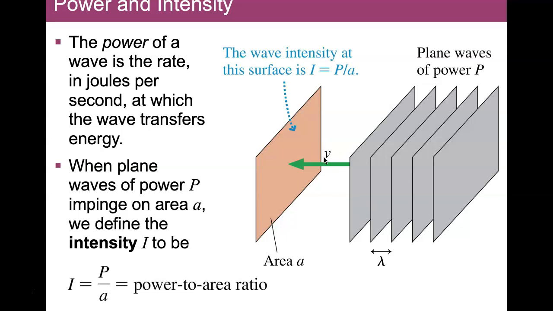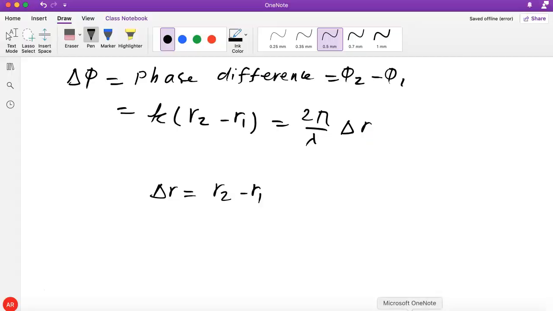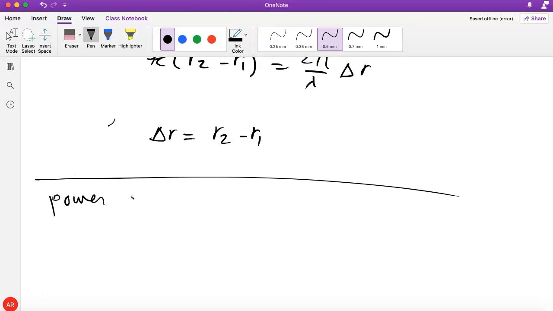So let's go back to the notes and think about power and intensity for 3D waves.